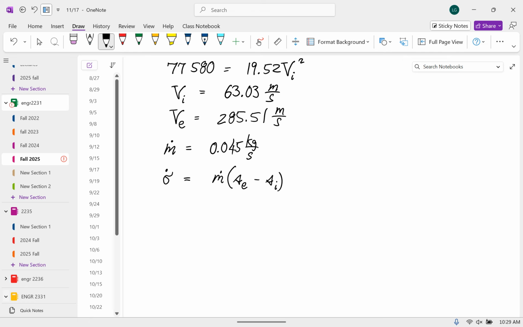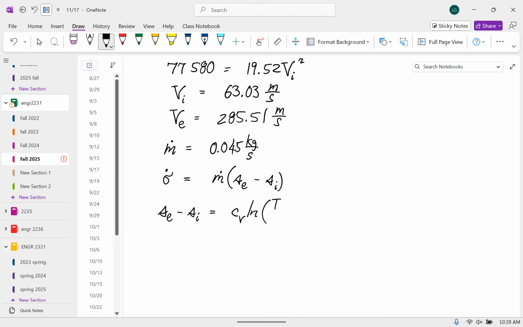And we can write S exit minus S inlet as Cv times the natural log of T exit over T inlet, minus R times the natural log of P exit over P inlet.